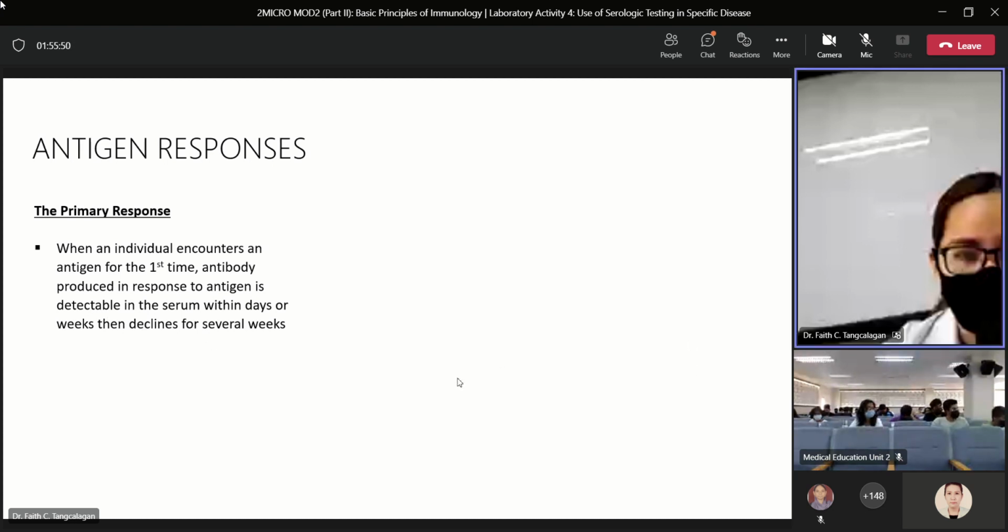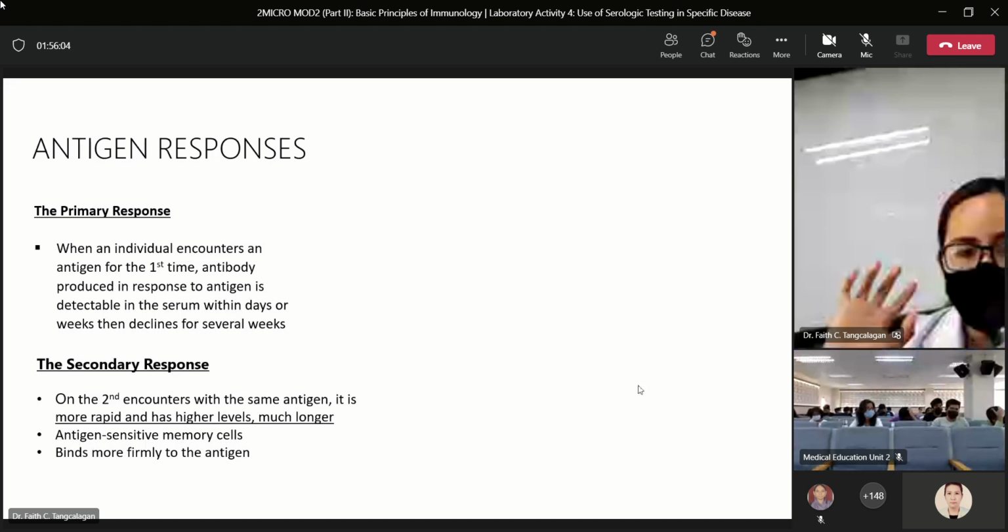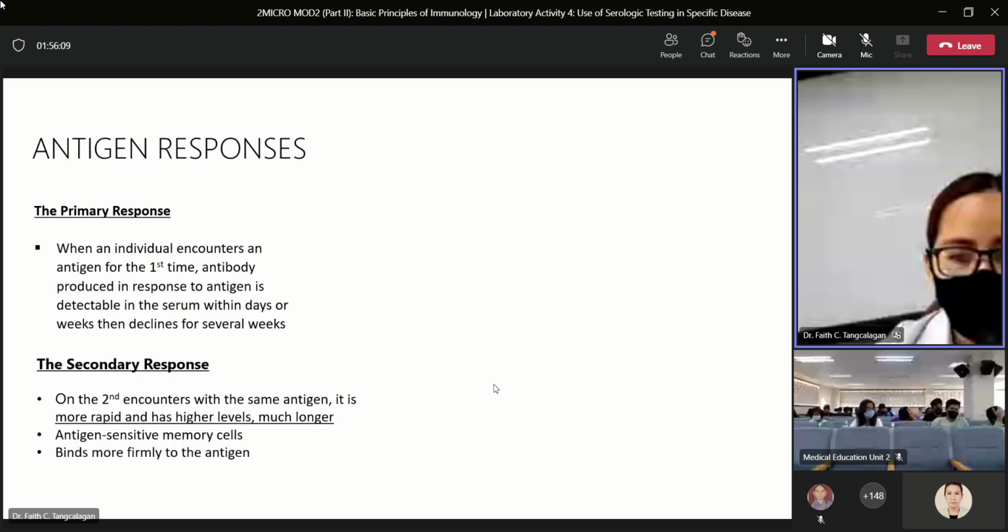However, for the secondary response, once the individual encounters the same antigen a second time, within the same month or even years after the primary response, it is more rapid, has higher levels, and lasts much longer.